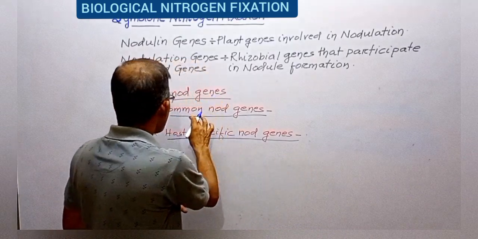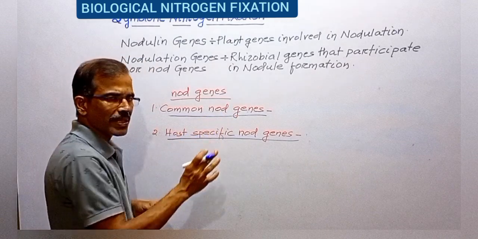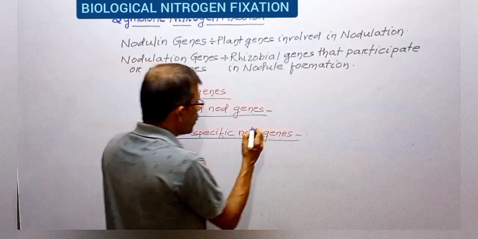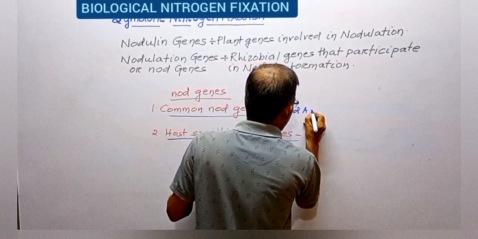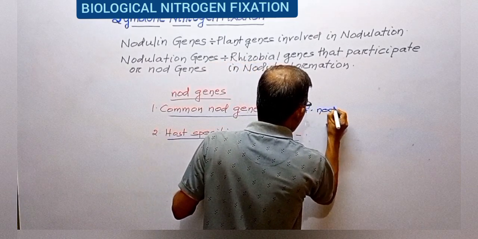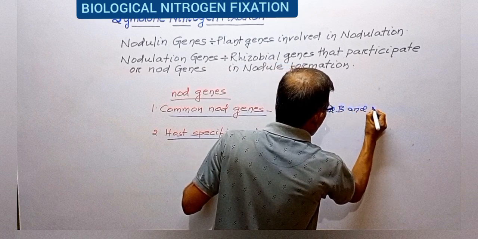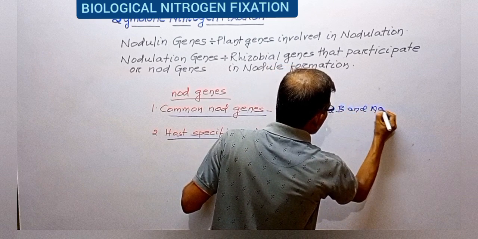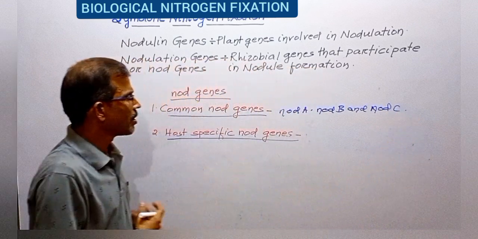Nod genes can be classified into common nod genes or host-specific nod genes. Common nod genes such as nodA, nodB, and nodC are present in all rhizobial strains.